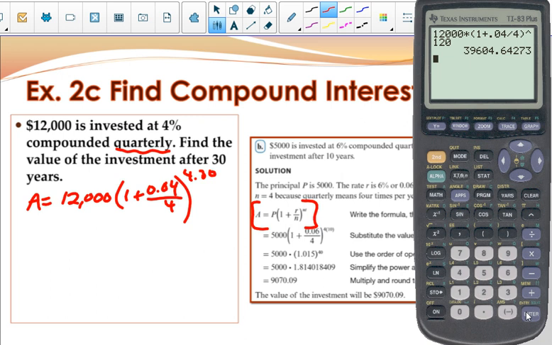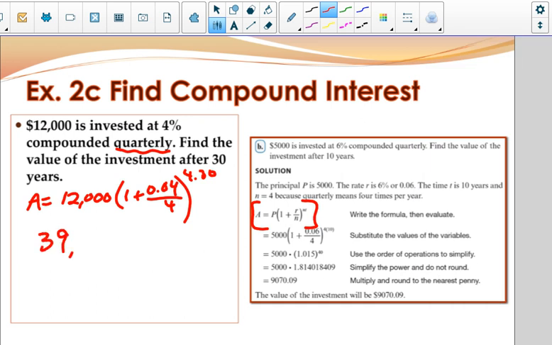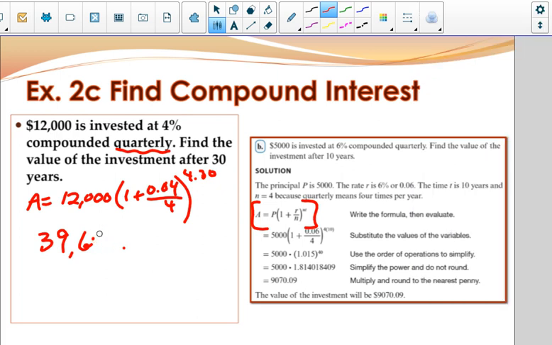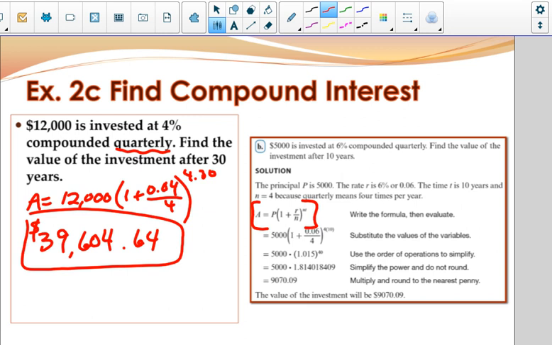That's going to give you $39,604.64. That's how much would be in your account after 30 years if they were paying you interest 4 times a year. You can see it's a little bit of an increase the more times a year they pay the interest.